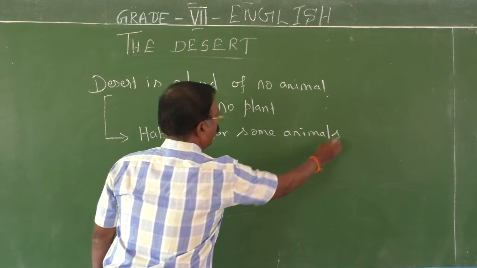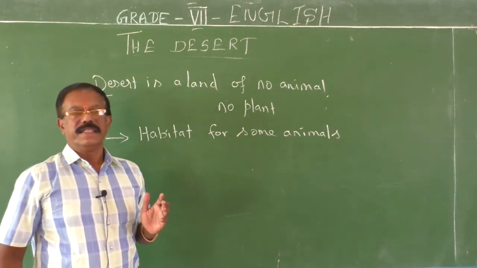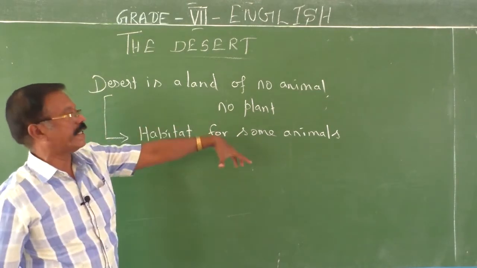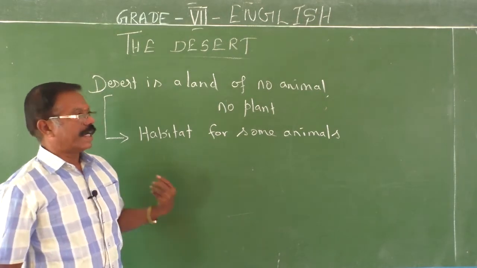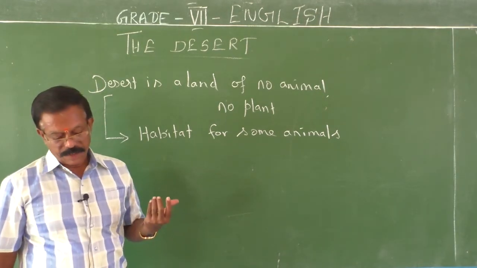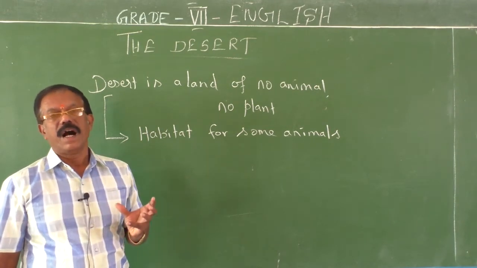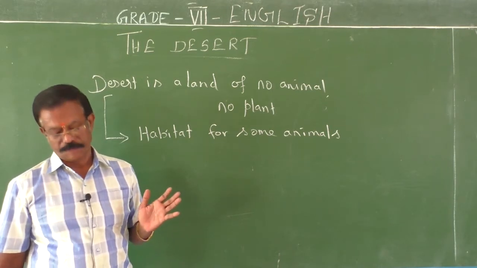These animals are living in the desert. They have the adaptation for the climate prevailing in the deserts. Okay, they have such an adaptation. And some rare species of plants are also found in the desert.